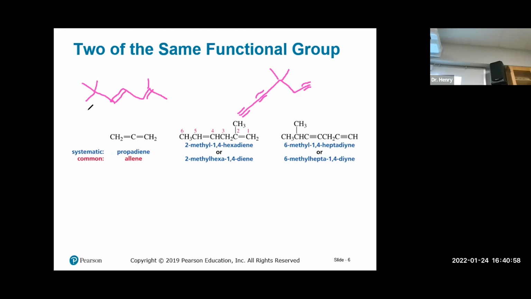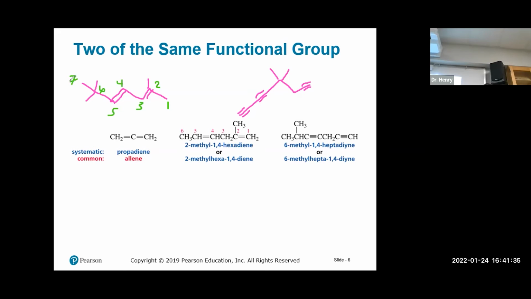Okay, so where are we going to start numbering at? Left or right? We're going to start from this side. So 1, 2, 3, 4, 5, 6, 7.